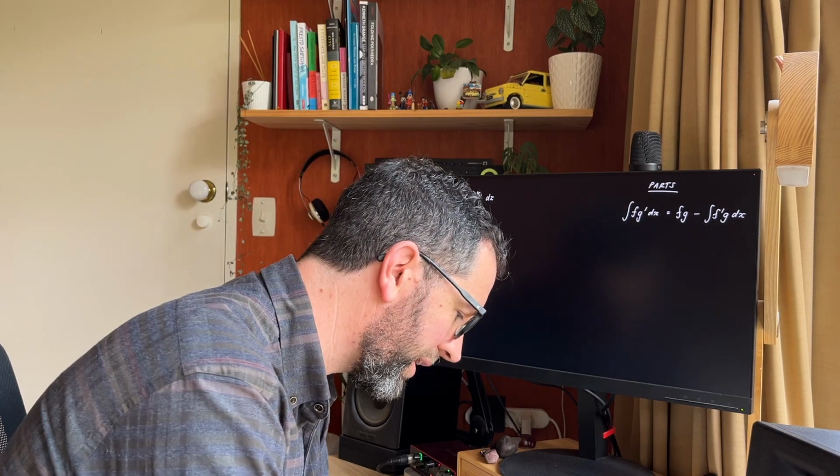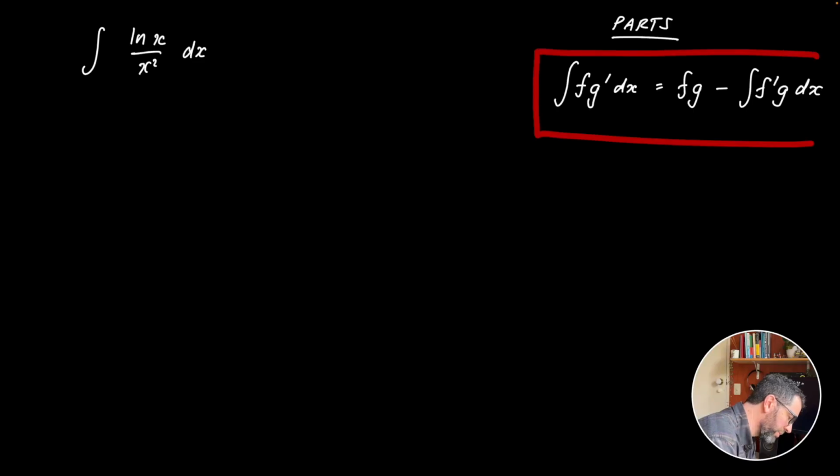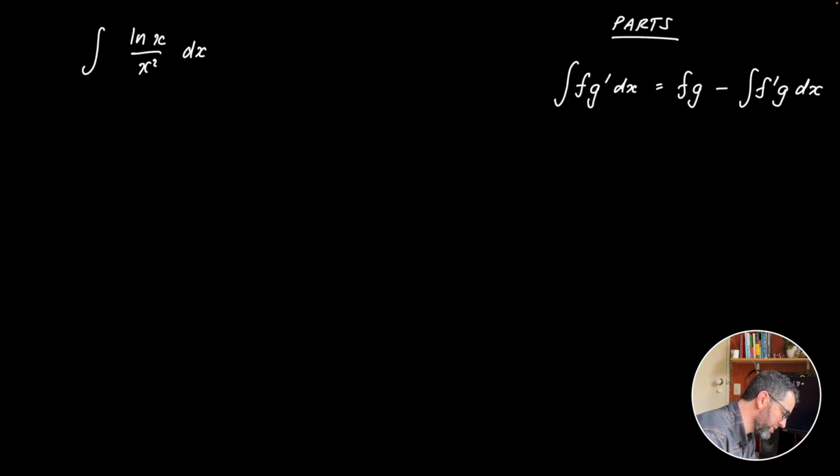All right, so with parts, we have this formula. This may be how it was presented to you, where it basically tells you the integral of some function f times g prime is equal to fg minus the integral of f prime g dx. Now the important thing to look out for here is look at the f's first. You've got f here again, and then f prime.